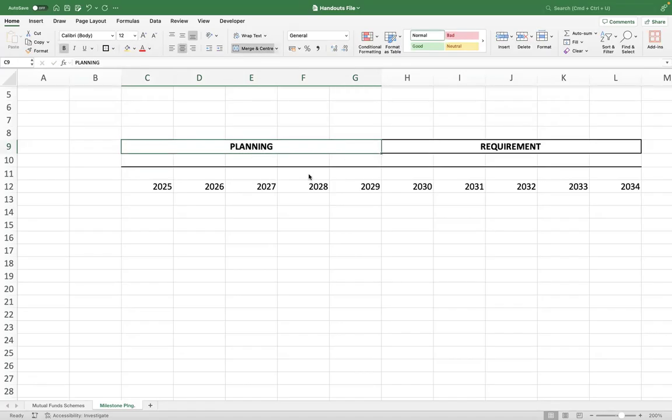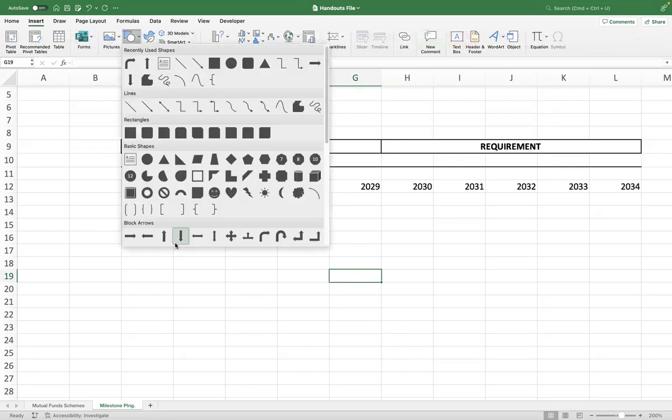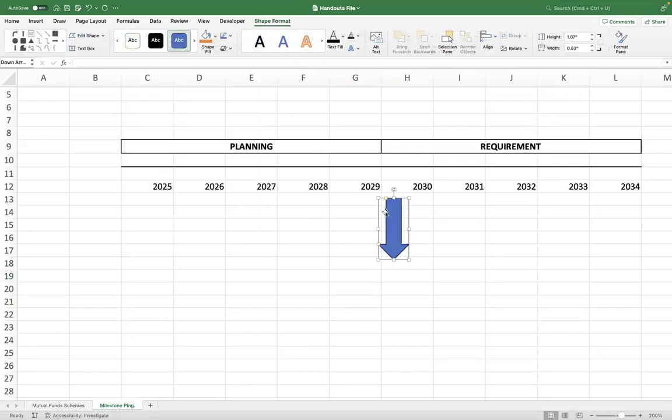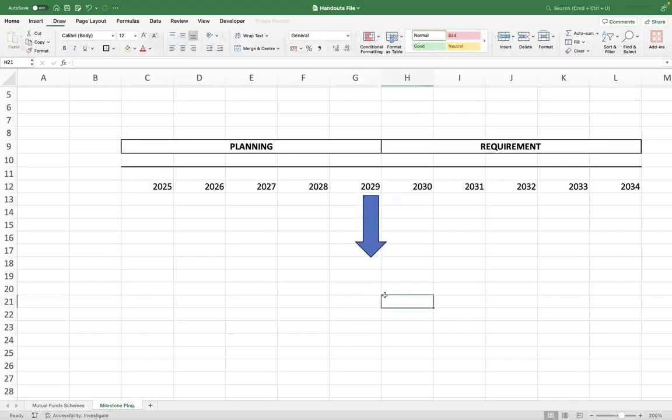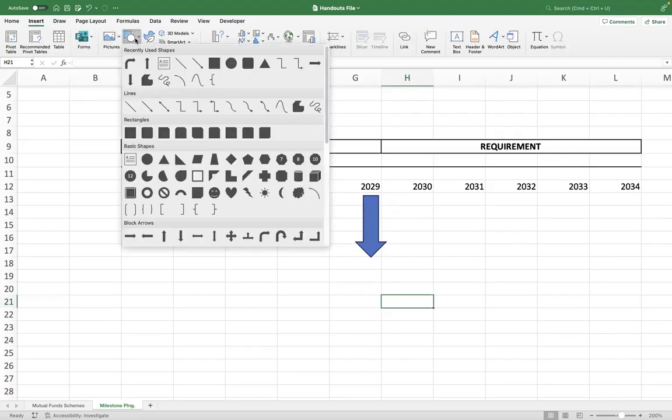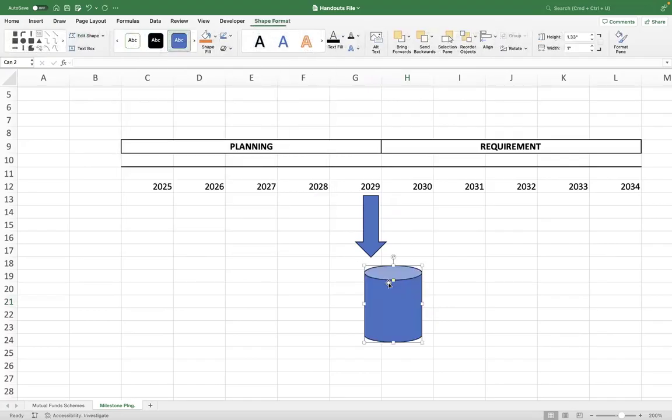जिसको हम planning बोलते हैं, या setting aside the money, or building your corpus. It is also called the building phase. Now, the first step you need to do is find out how much money should be there in your account as of end of 29, so that the payments can be made from that corpus from 30 to 34. तो सबसे पहले हमें इस डेट पे कितना इकट्ठा होना चाहिए इस कॉर्पस में.